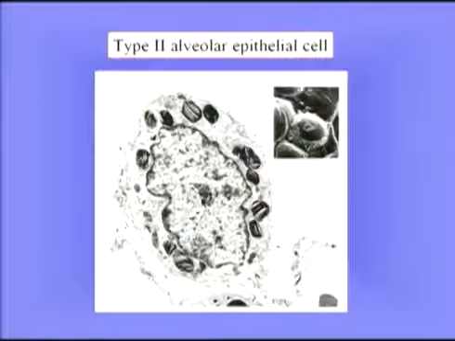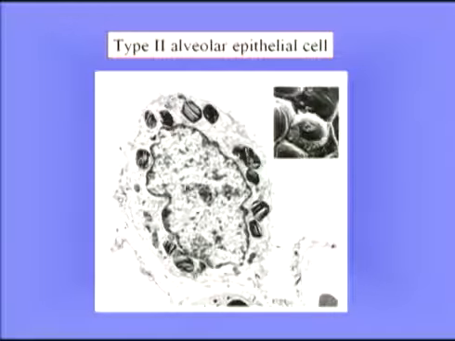Type 2 alveolar epithelial cells are metabolically very active. Surfactant is turned over rapidly within a couple of days, and these cells are busy making this surfactant material. They are, in contrast to the type 1 cell, the type 1 cell is a pretty lazy cell, doesn't do much metabolically.